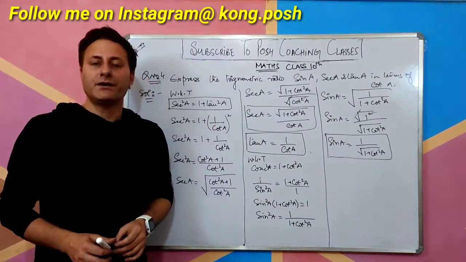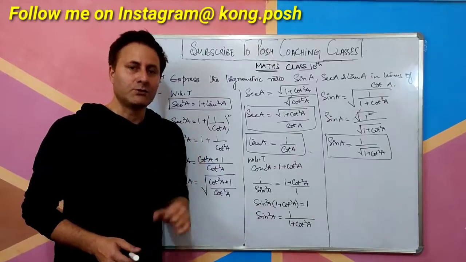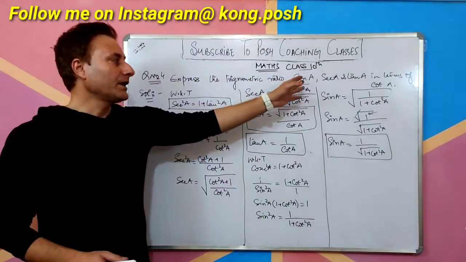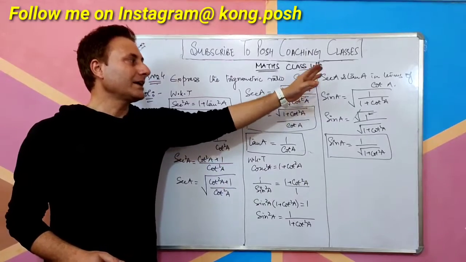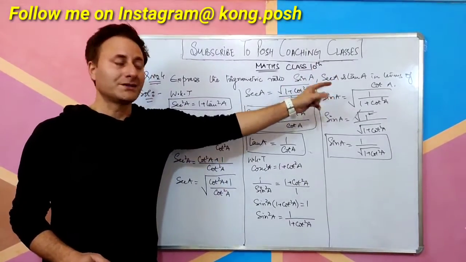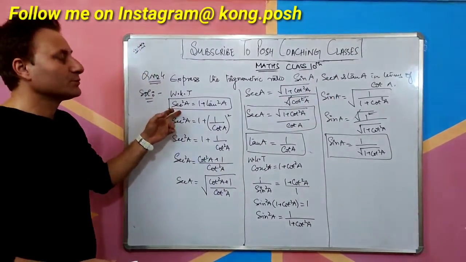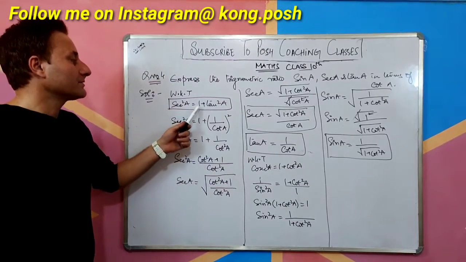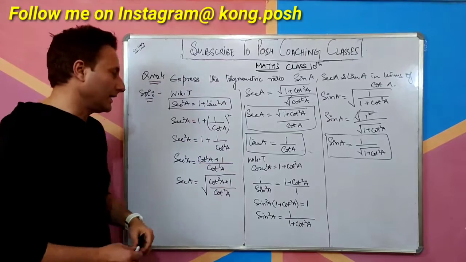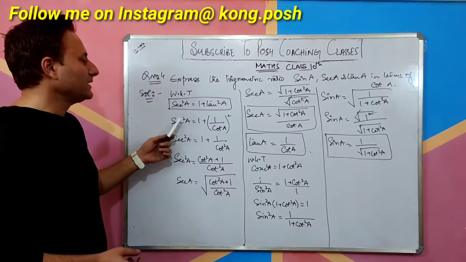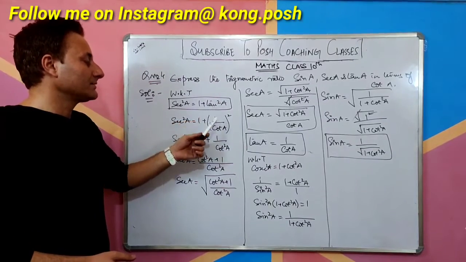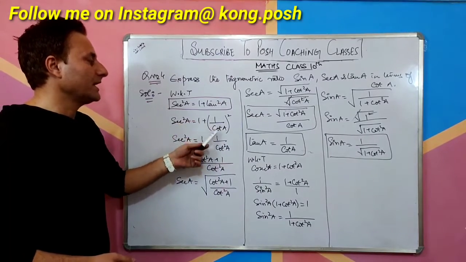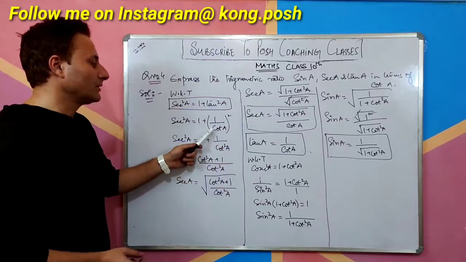It's a very, very important question. I'll just repeat it one more time. I had a question that I need to find the answers of sine A, sec A, and tan A in terms of cot A. So what I did, I used one of the identities. The identity is sec square A is equal to 1 plus tan square A. I know that tan is equal to 1 upon cot, so I just used it in the place of tan because I need the answer in the cot form.